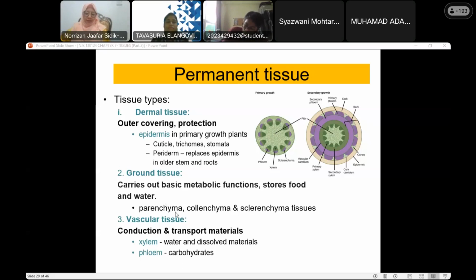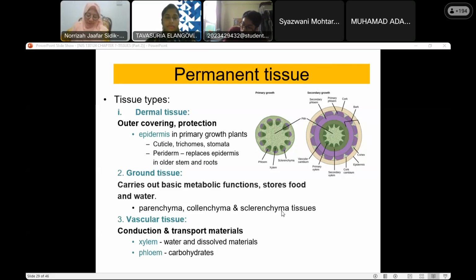All these tissues, parenchyma, collenchyma, sclerenchyma, have different shapes and sizes. Generally, the parenchyma functions in photosynthesis, storage, and secretion, whereas the collenchyma generally provides flexible support to growing parts of the plant, and sclerenchyma has thick lignified walls, so it provides rigid support.